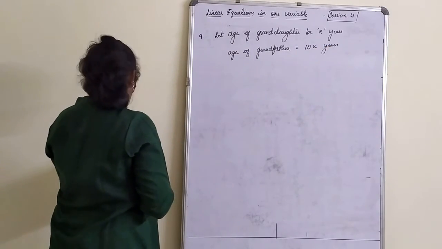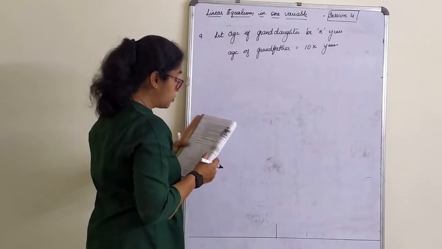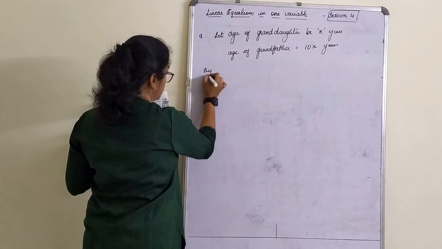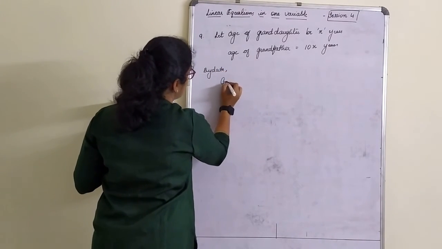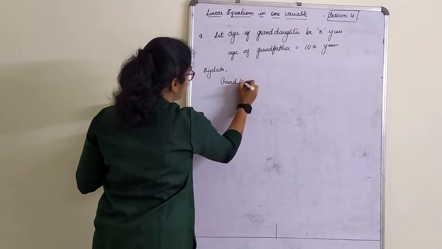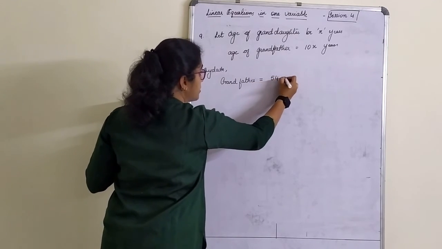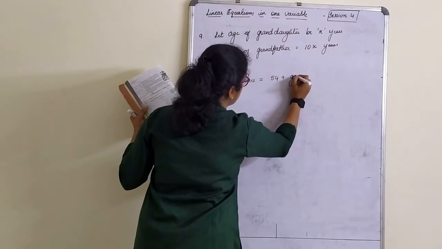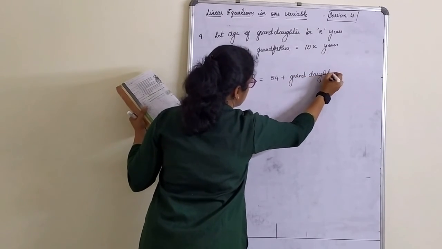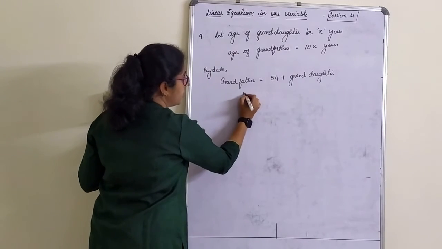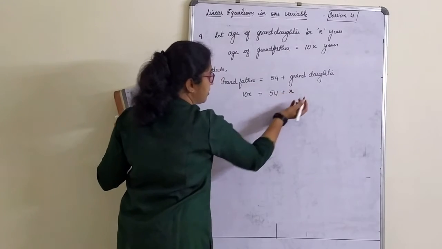Okay, read the question further. He is also 54 years older than her. He is also means grandfather is also 54 years older than granddaughter. Grandfather is how much? 10x. He is also 54 years older than granddaughter.